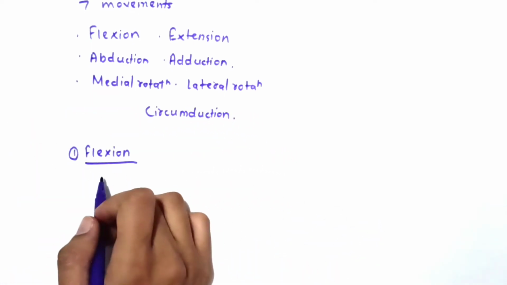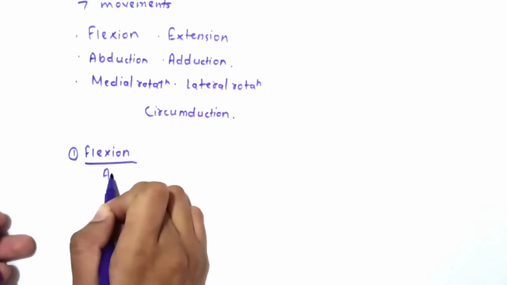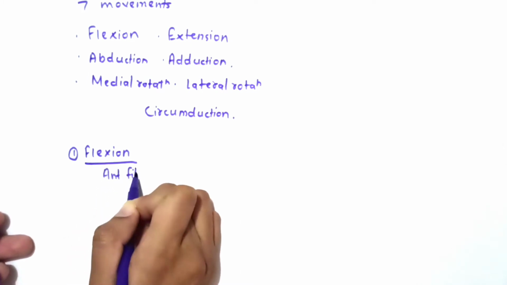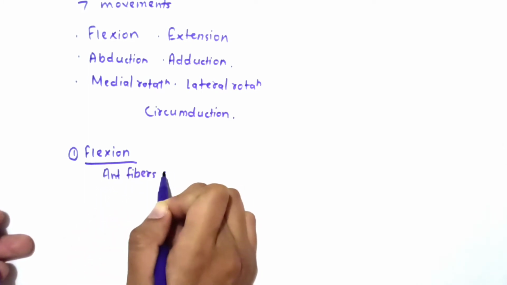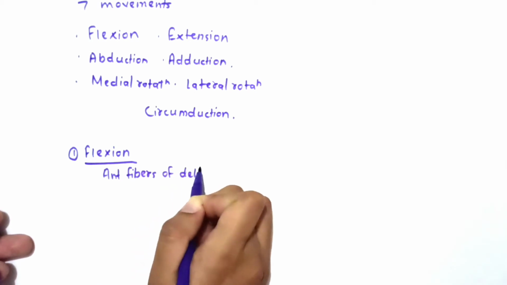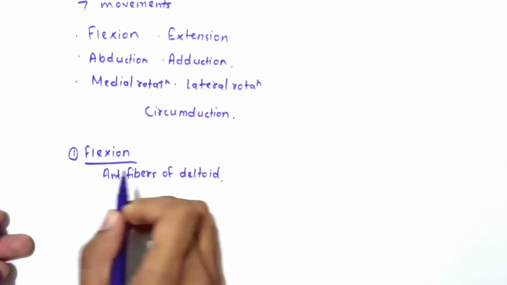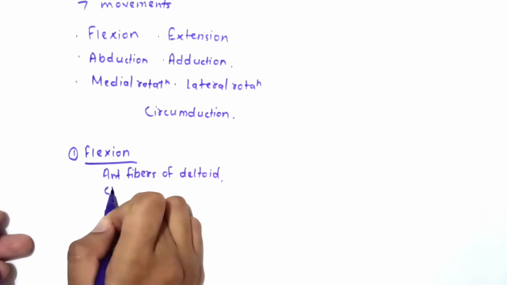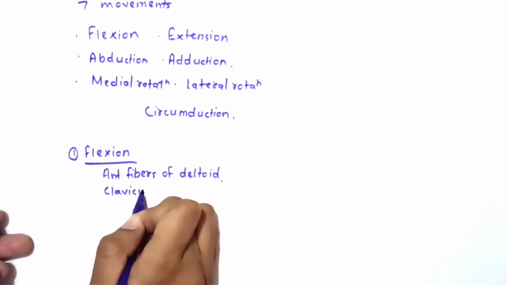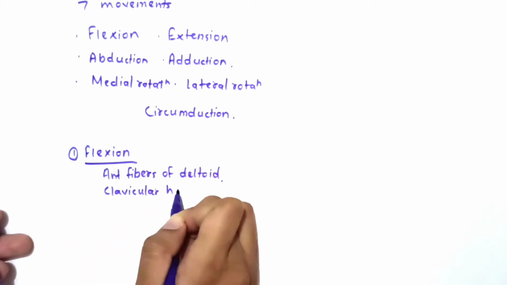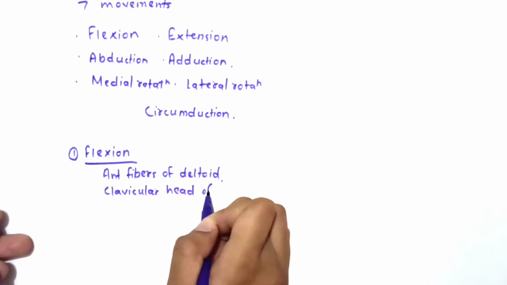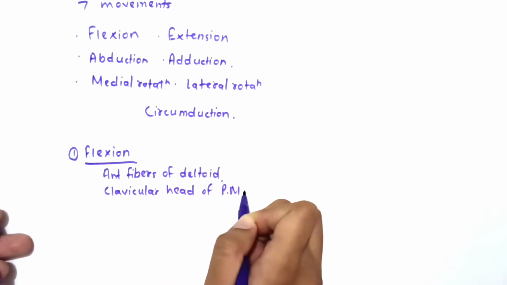So the muscles are anterior fibers of deltoid and clavicular head of pectoralis major muscle.